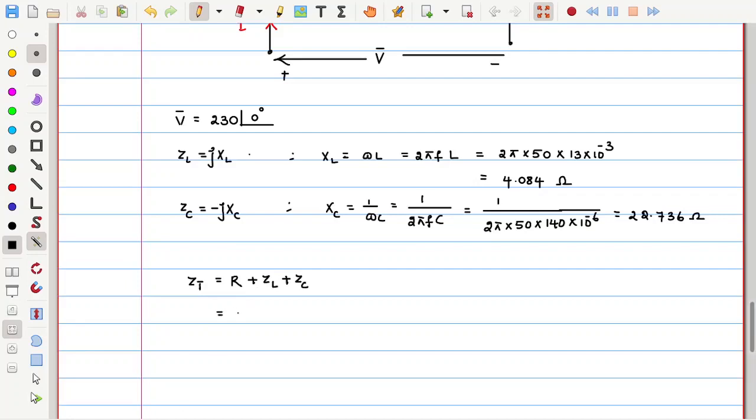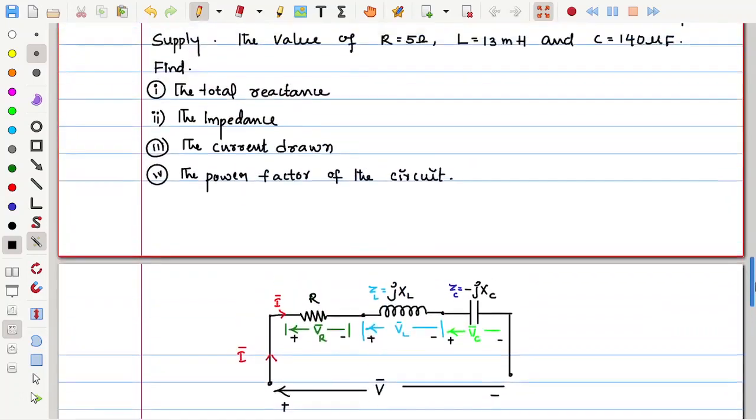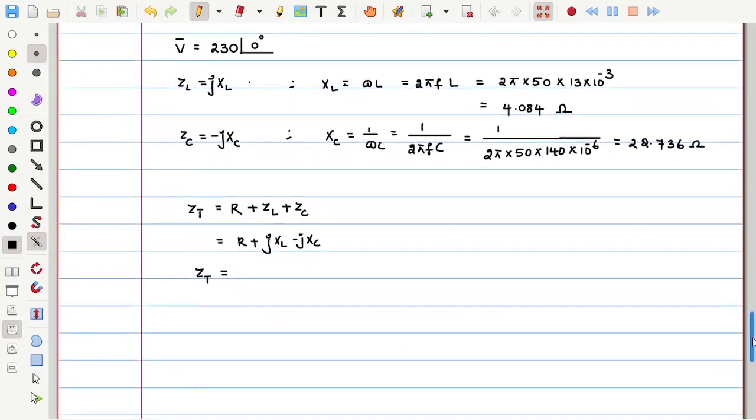Putting all these together, we get jXL minus jXC. Substituting the values, R is 5, so 5 plus j, taking j common, into XL, which is 4.084. How much is the XC?